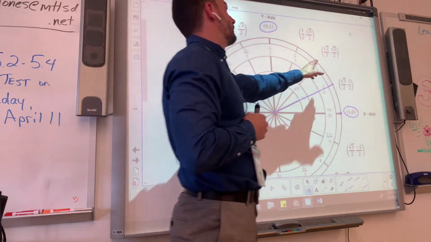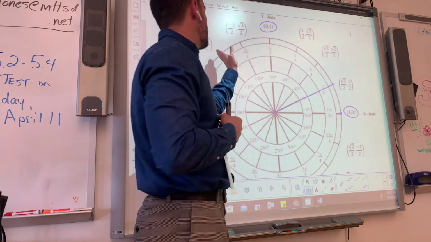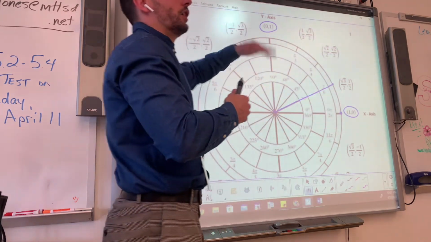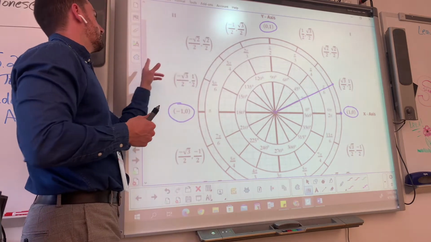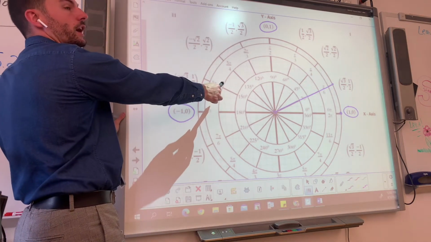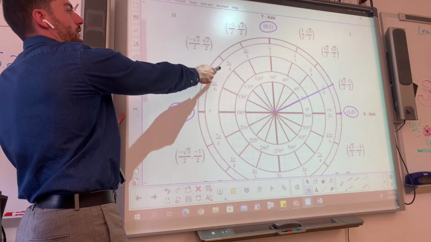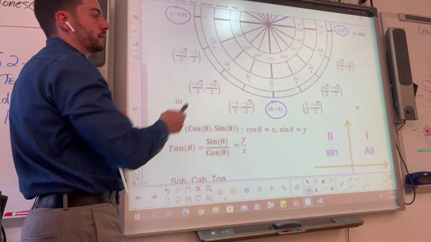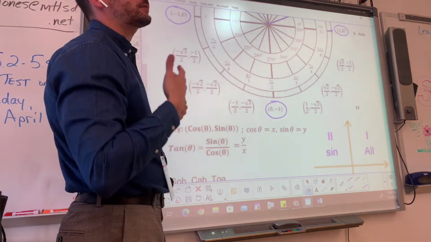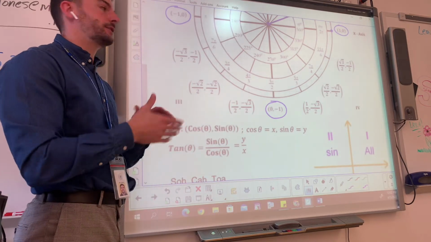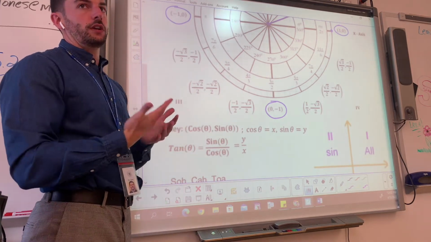So for all the 45-degree increments here, it's square root of 2 over 2 for both. The only other thing that changes is when it's in a different quadrant: in quadrant 2, the x value is negative, in quadrant 3 both of them are negative, and so on. That still might be confusing, but that's a little explanation of why these coordinates are the way they are.